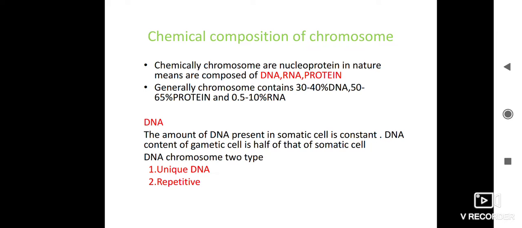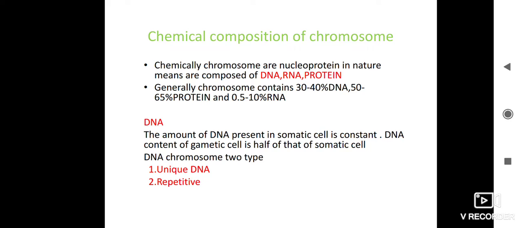Next, chemical composition of chromosome. Chemically, chromosomes are nucleoprotein in nature, meaning they are composed of DNA, RNA and protein. Generally, a chromosome contains 30 to 40% DNA, 50 to 65% protein and 0.5 to 10% RNA.